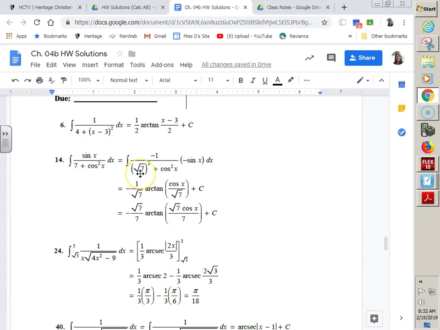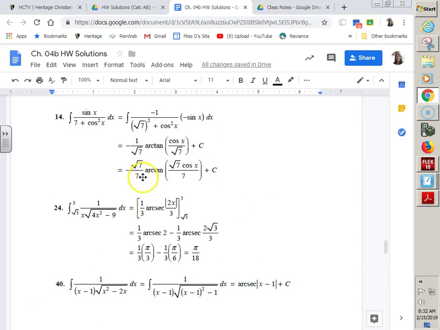What's the square root of 7? Root 7. It's all right. Everything has a square root. Well, anything positive has a square root. Now, they rationalized it. Maybe the AP would have rationalized it. I think the AP would have left it like this. But careful, there is a negative in front.